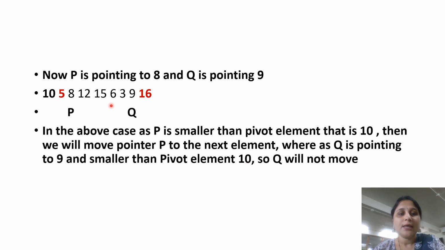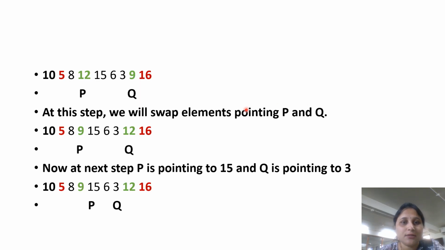Here Q is satisfying the rule, so we have stopped here for Q. But as P is smaller than the pivot, and in our rule P should be greater than the pivot element for us to stop, in this case Q will remain at 9, but P will move to 12. See here.